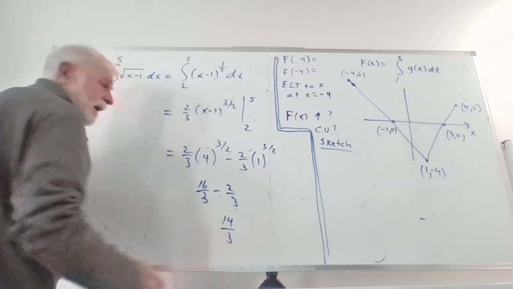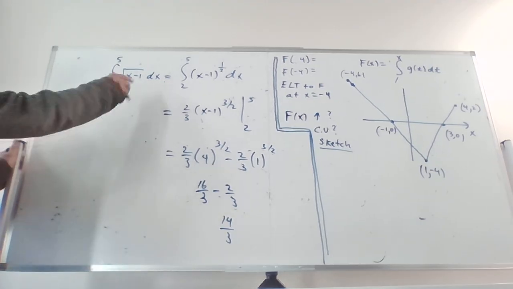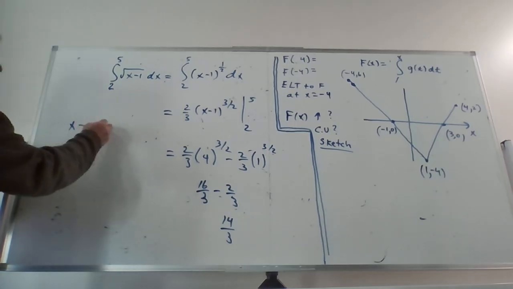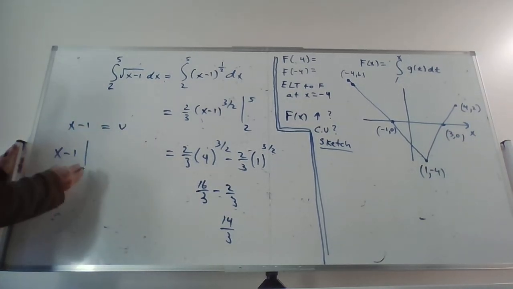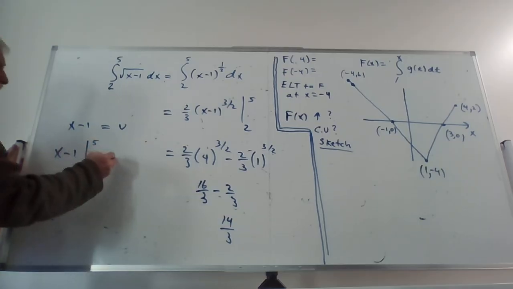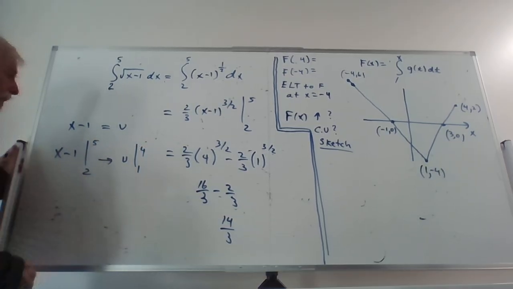I hope that makes a little more sense to you today than it did yesterday, because you did it again. Now, what could we do? We could change x minus 1 to the letter u. We could do that from 2 to 5, but let's do this one from 1 to 4.